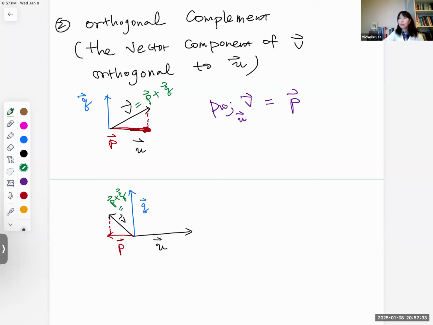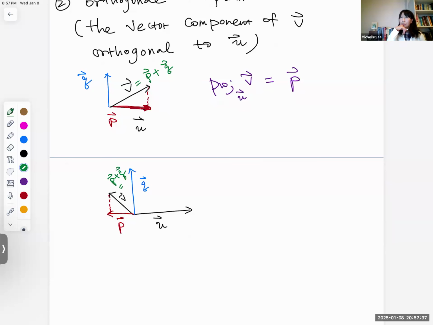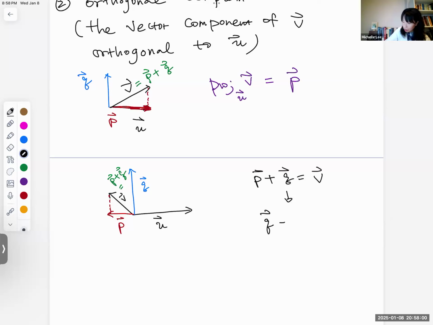Okay. Now we can say that we have P plus Q, which is the vector V. Then if we want to express Q, we can express it as Q equal to vector V minus P, right?